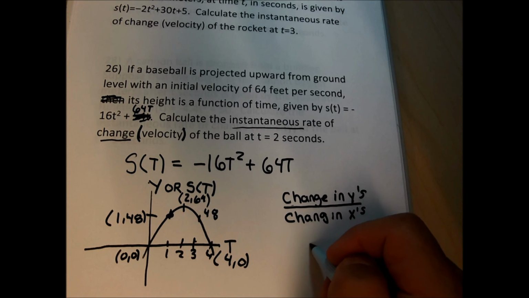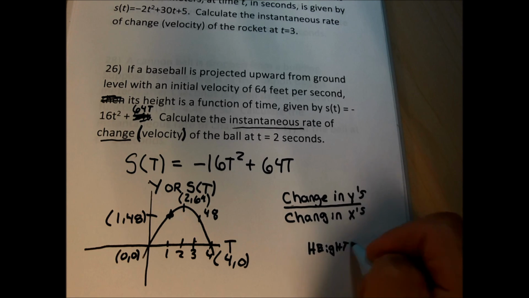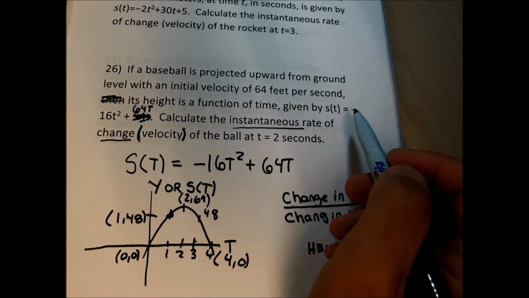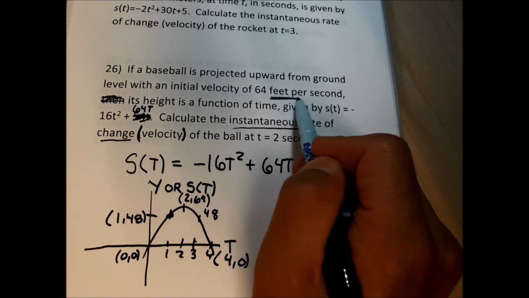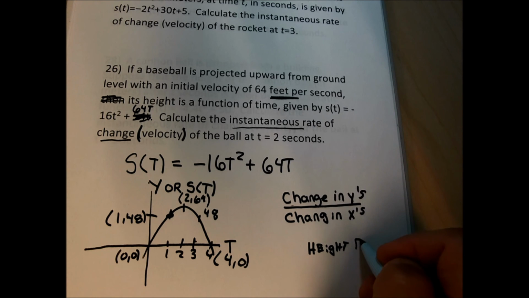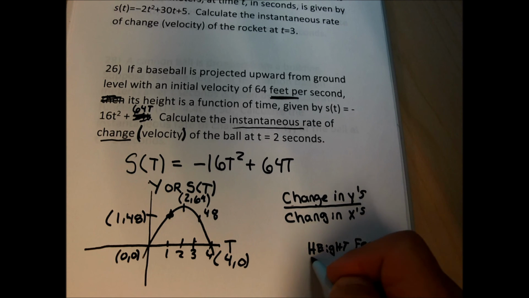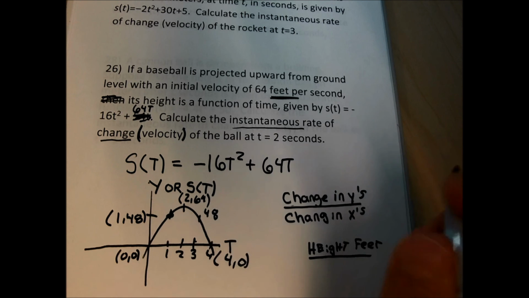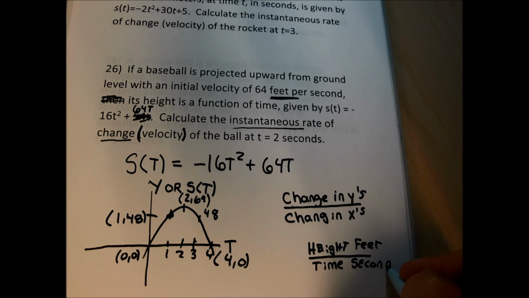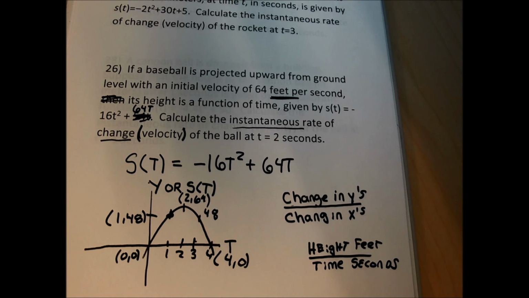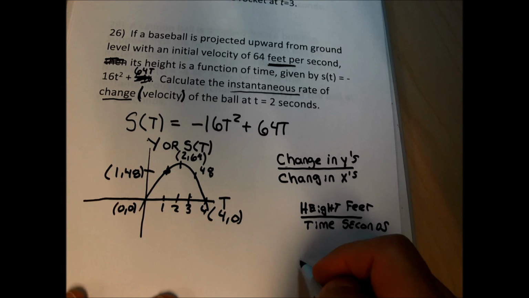So it's going to be the height of the baseball, and I'm assuming that height is in feet because the units here are in feet, and then the time is time in seconds. And when you divide a height in feet by a time in seconds, the units that you're going to get is feet per second.